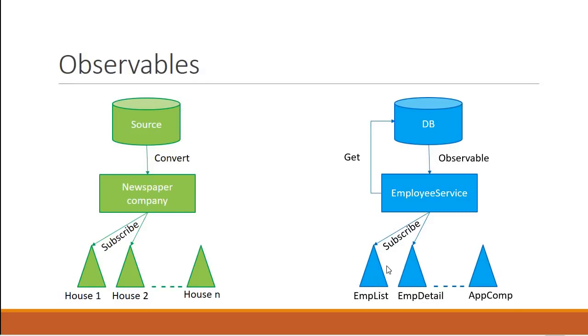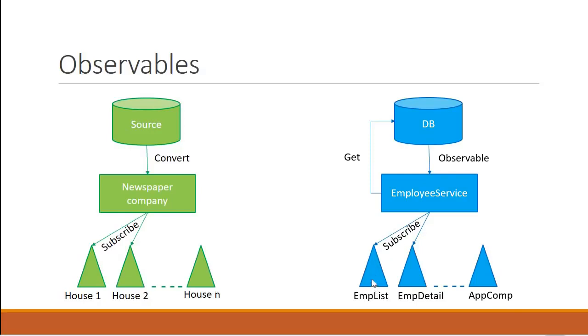Now, do we provide the data to every single component in our application? No. We only provide the data to the components that have subscribed to this employee service. Since we need the data in the employee list component and employee detail component, we are going to subscribe to this observable from only these two components. And after this, it is completely up to the components to decide what to do with the data.